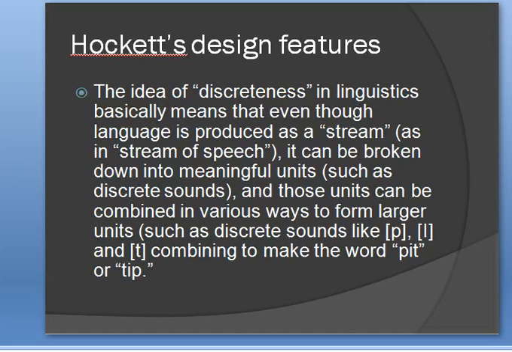And those units can be combined in various ways to form larger units. I hope you are getting that. It seems that language is produced as a stream, but it can be broken down into meaningful units, and then these units can be combined in various ways to form larger units, right?